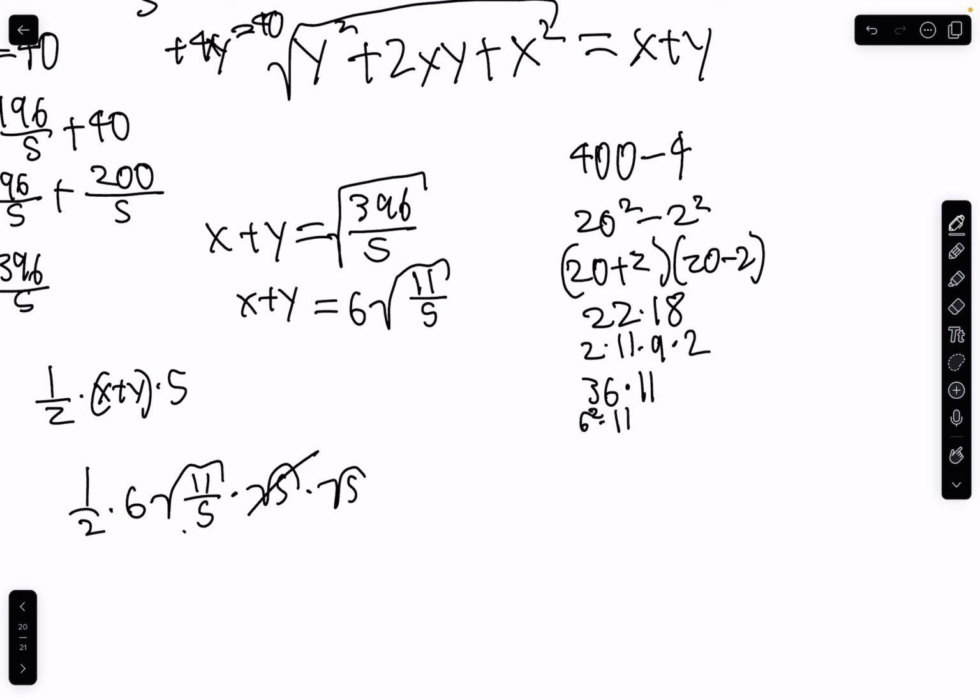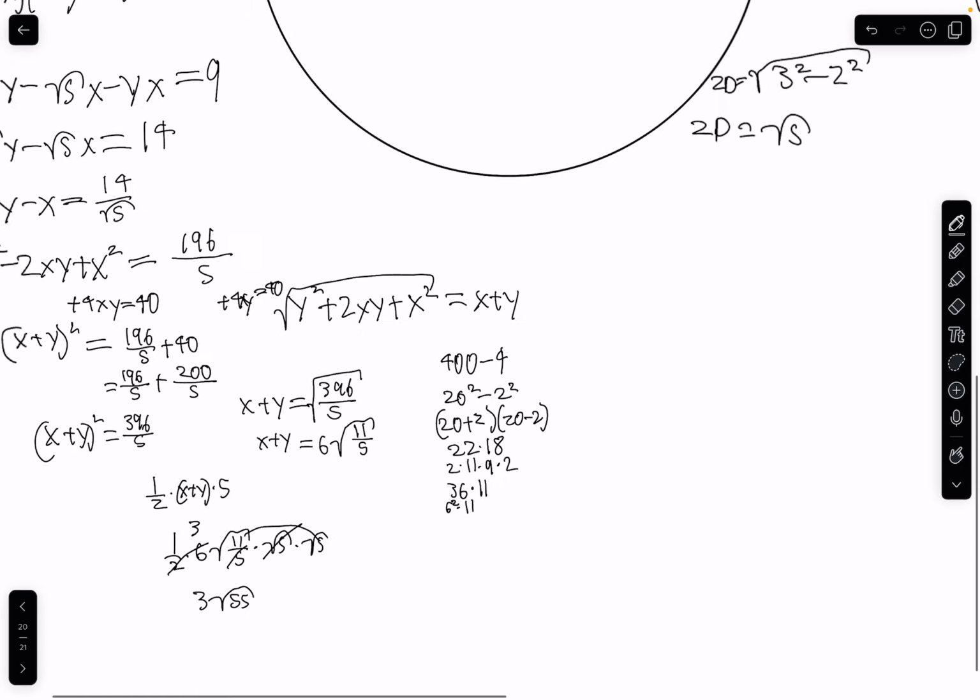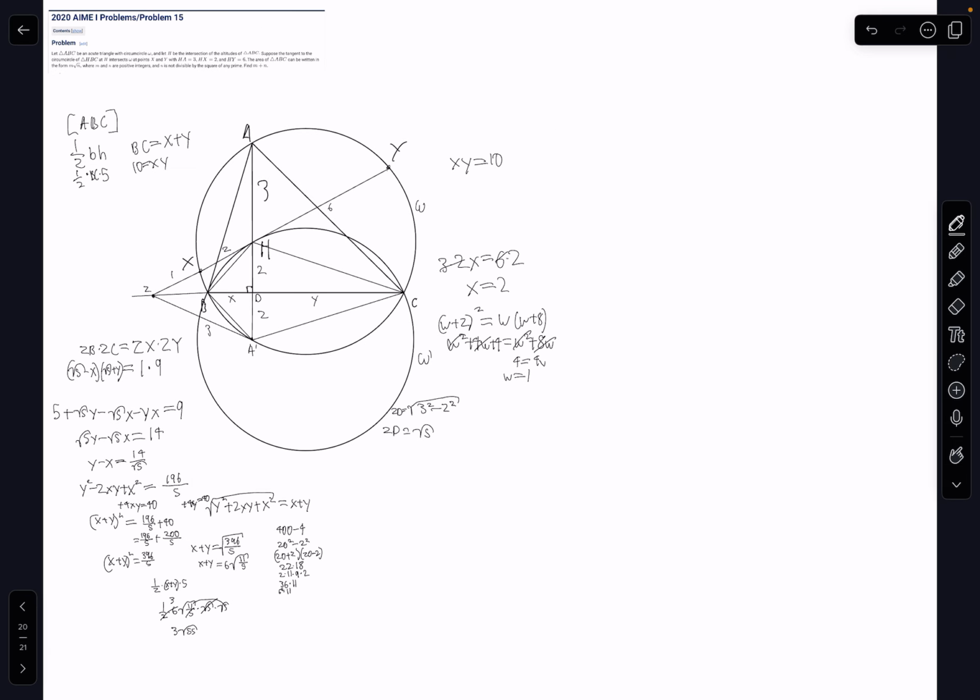This square root of 5 cancels with that, and we can multiply these two, and this cancels to get a 3. So our final answer is 3 times the square root of 55. And that checks out with our answer format that we're given. So our final answer would be to find m plus n. So that's 55 plus 3, or 58. And we are done.